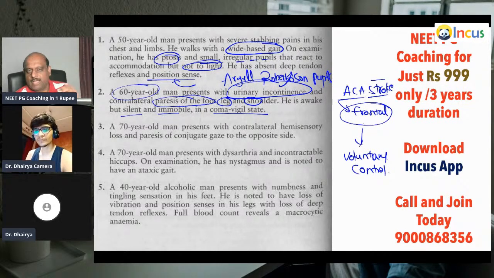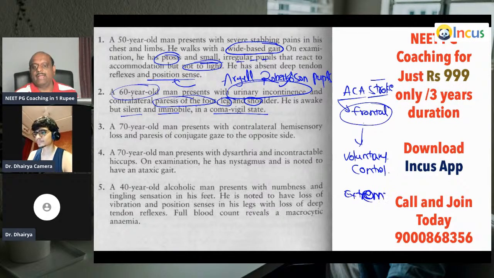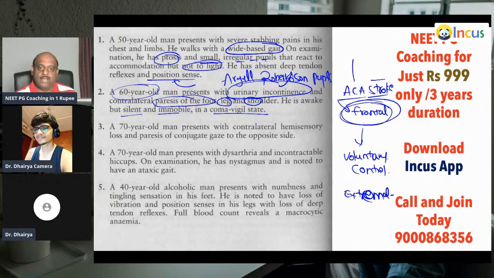Sympathetic coming from the lower lumbar and sacral segments, giving the parasympathetic, and that is involuntary control. But the external urethral sphincter is under voluntary control, which typically comes from the frontal lobe, which is the uppermost center, supplied by the anterior cerebral artery.